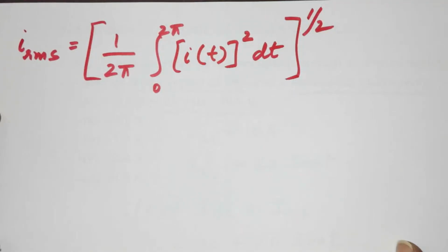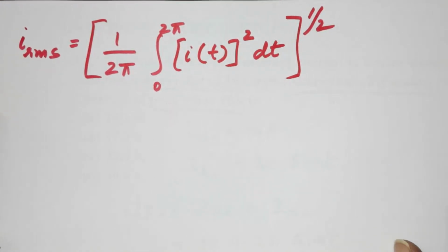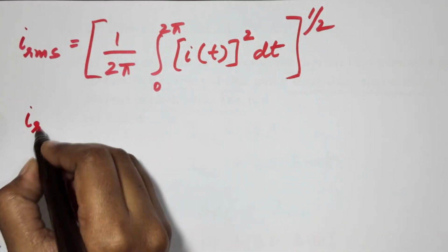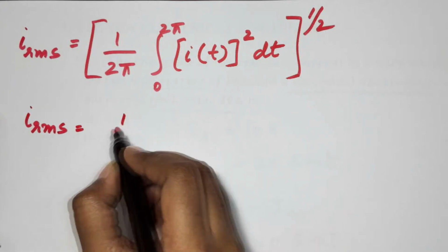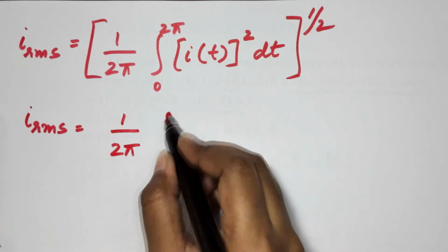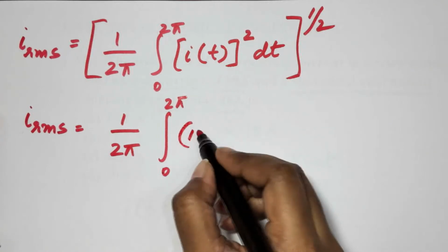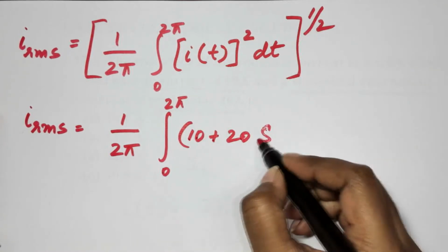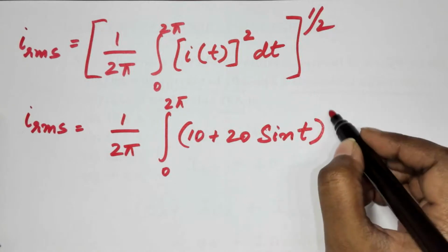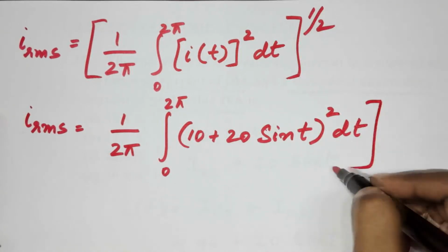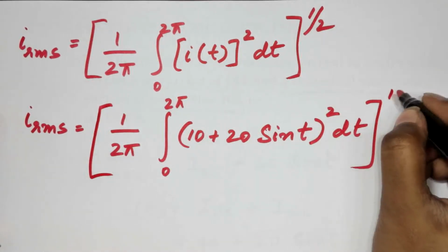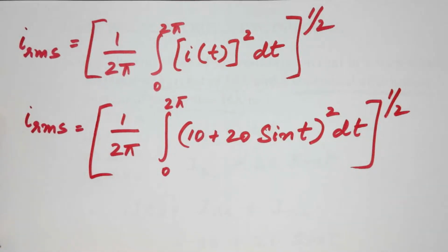Now let's substitute the expression for I of t. What do we have here? We have IRMS is equal to 1 by 2 pi integral of 0 to 2 pi, I of t is 10 plus 20 sin t whole square dt, the whole under root.